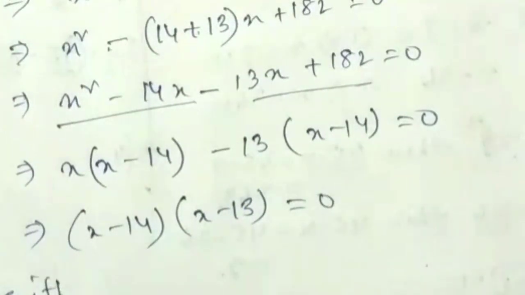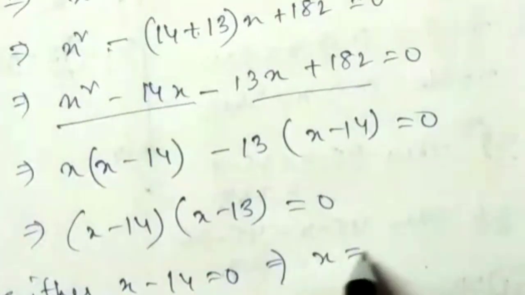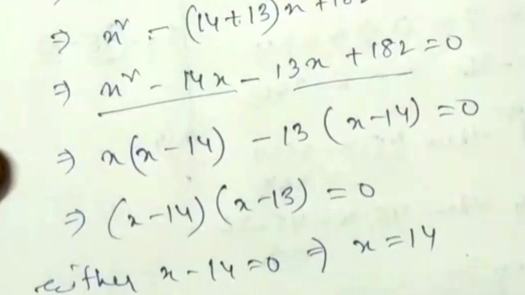So either x minus 14 equal to 0, x is equal to 14, or x minus 13 equals 0, x is equal to 13.